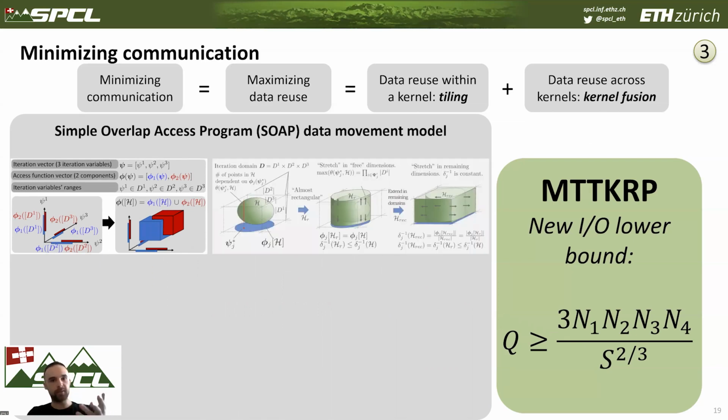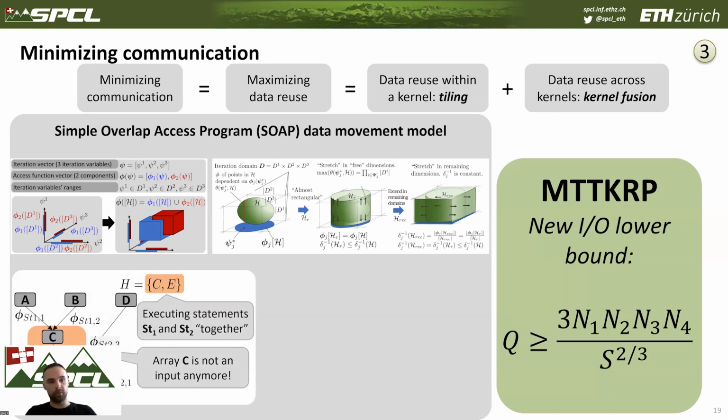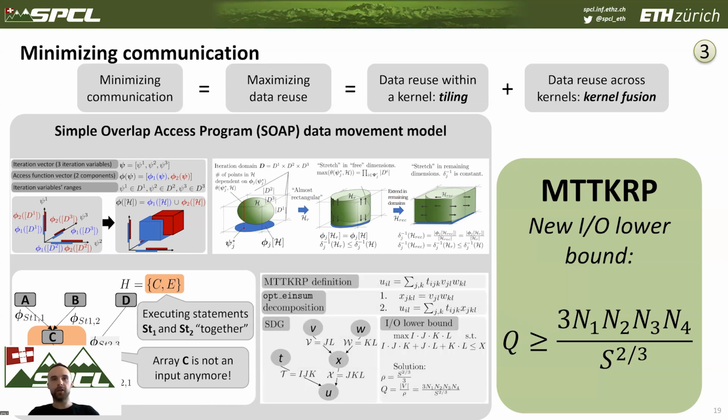Then not only the sizes of the tilings, but also the shapes, because it is not immediately clear that the rectangular tiling would be the best. Then we need to examine all possible kernel fusions and check which of them can reduce the data movement. And finally, applying this model specifically to the MTTKRP, we achieve our new tight I/O lower bound. But I don't want to go into details of this, but all the details can be found in the paper.